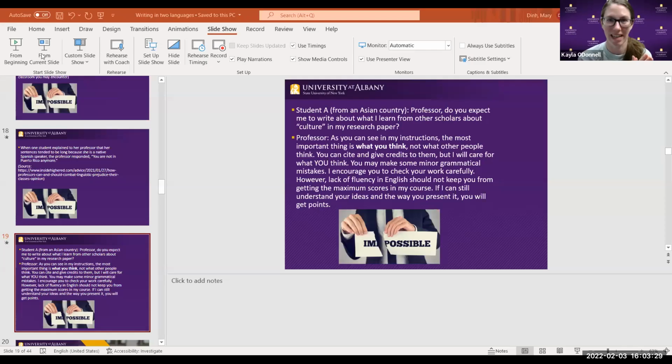So having those conversations with support from people like ISSS or other native English speakers who can understand that cultural viewpoint is helpful. I'm assuming this professor was an American professor, right?